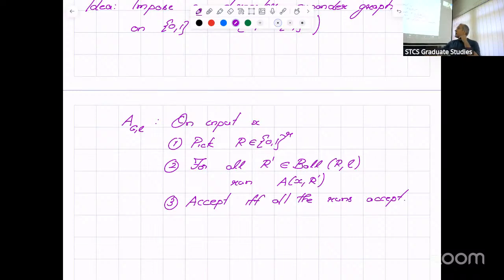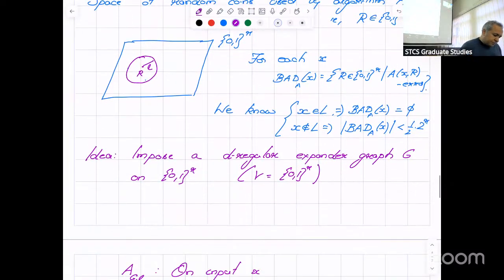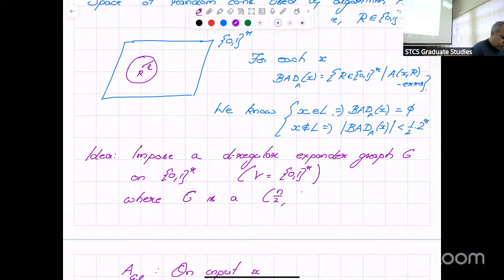Let's further assume, though I haven't told you which expander graph it is, that G is an n by 2A vertex expander, for some A greater than 1.